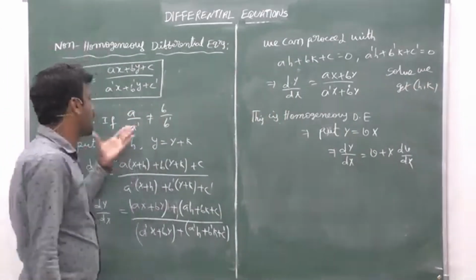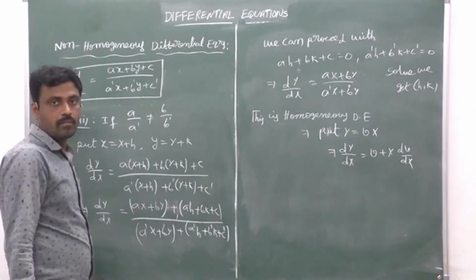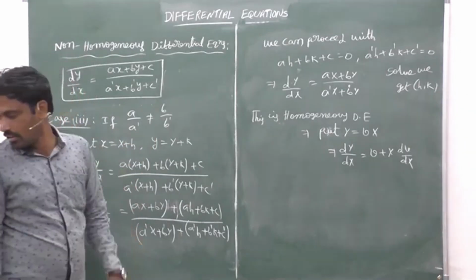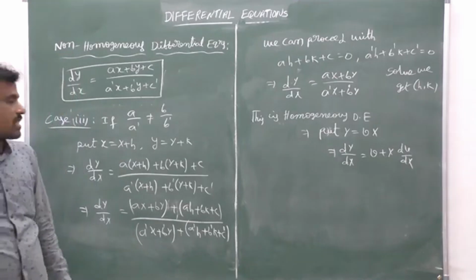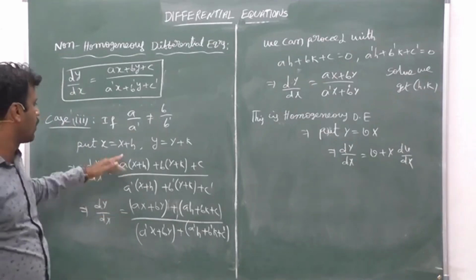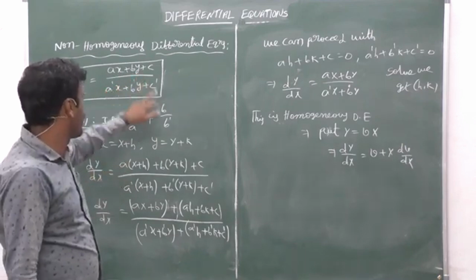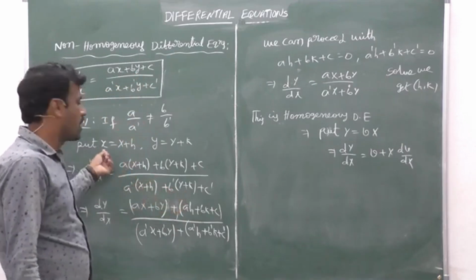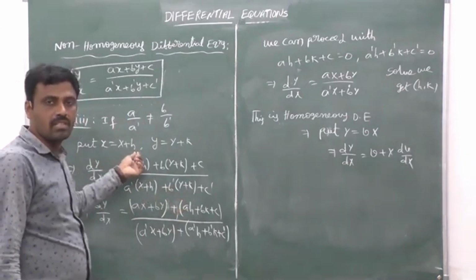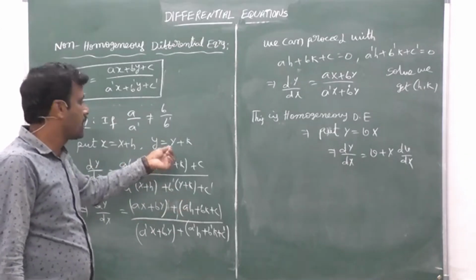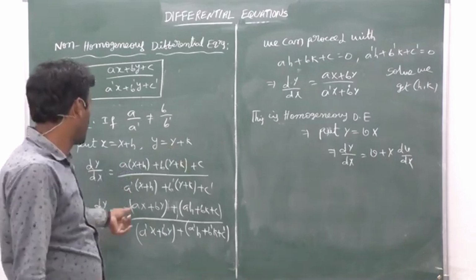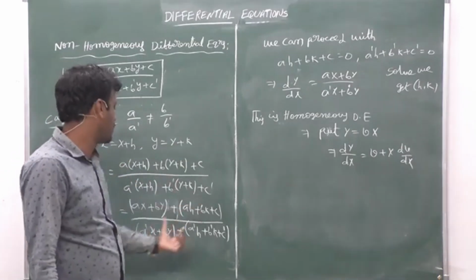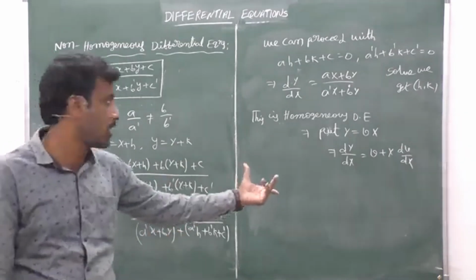If a by a dash not equal to b by b dash, then put x equal to X plus h, y equal to Y plus k. That implies dy by dx equal to a into x plus h, b into y plus k by a dash into x plus h, b dash into y plus k. Small dx equal to d capital X, because h is constant. Small dy equal to d capital Y. Therefore, dy by dx equal to ax plus by plus remaining terms, a dash x plus b dash y plus remaining terms.